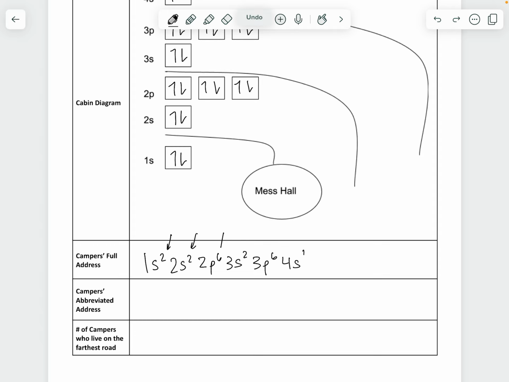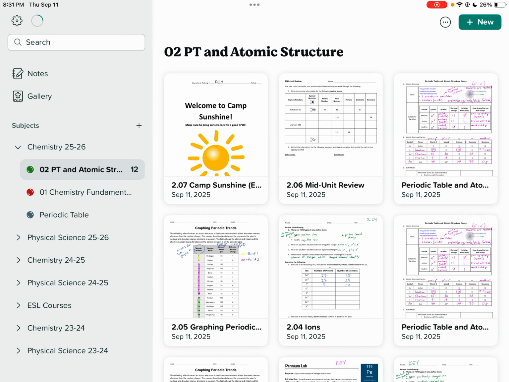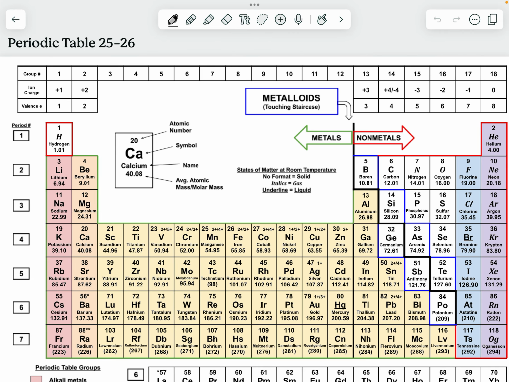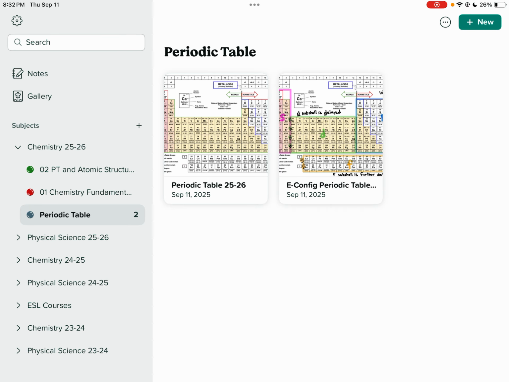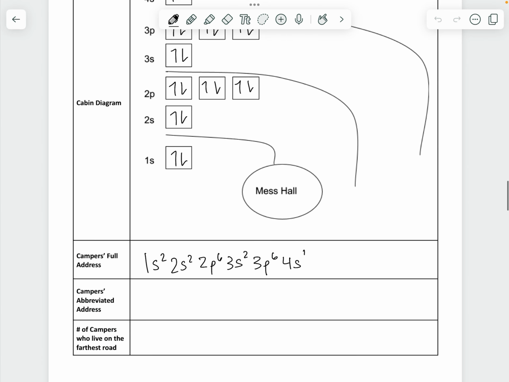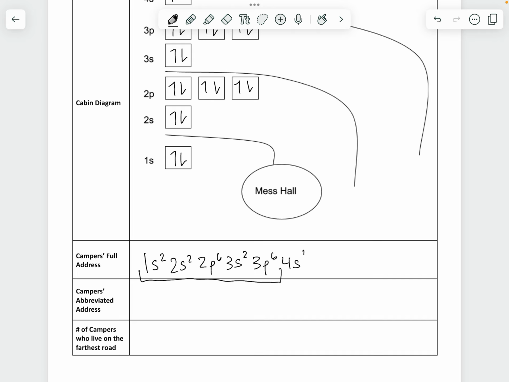So we're looking for the element that has the atomic number 18, which ends up being argon. And so argon is going to account for the first 18 of those campers in our bunks. And so we say, okay, all of that is argon.